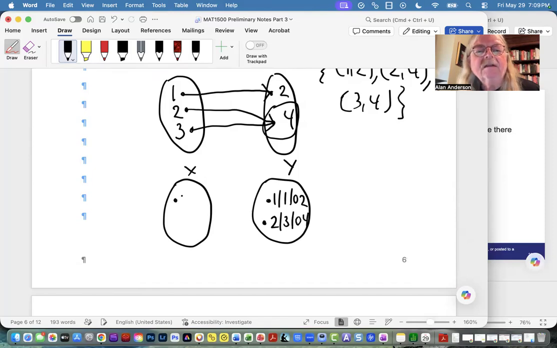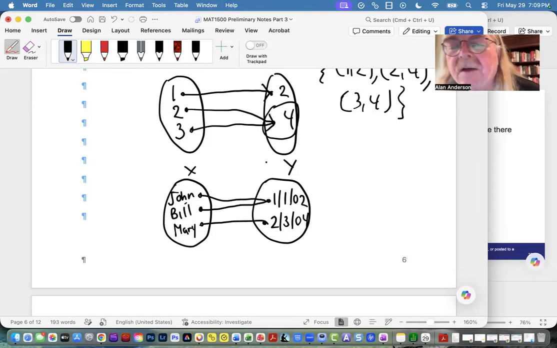And let's say we have John, Bill, and Mary. John and Bill are twins. They were both born on January 1st, 02. Mary was born on February 3rd, 2004. So even though John and Bill have the same birthday, this is a function.